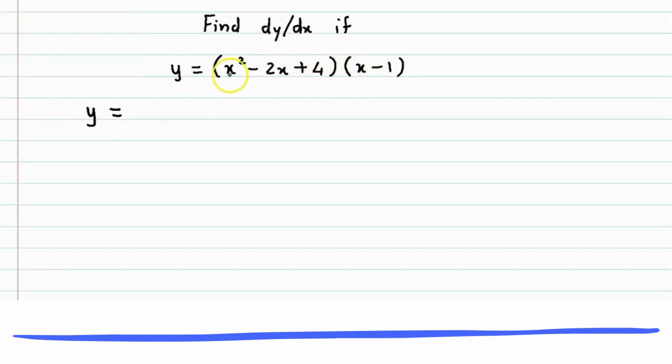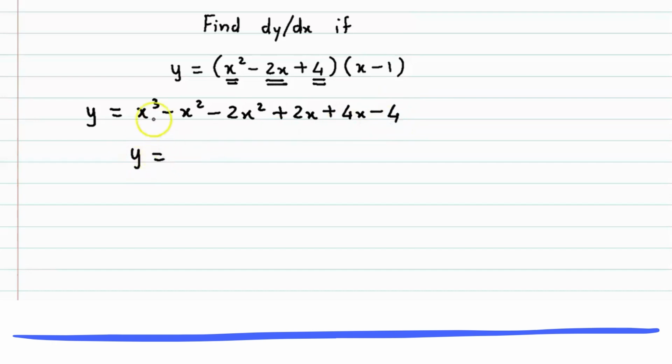Let's multiply. x² into x, so that's x³, x² into −1, so that's −x². Now −2x into x is −2x², −2x into −1 is +2x, and then 4 into x gives 4x, and 4 into −1 is −4.